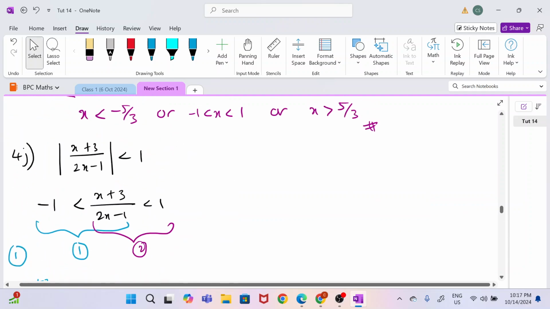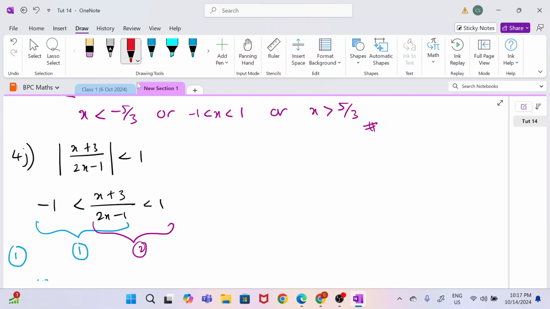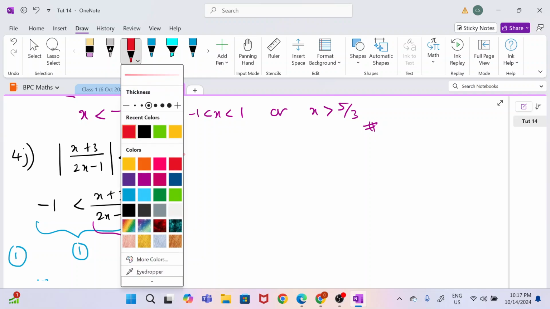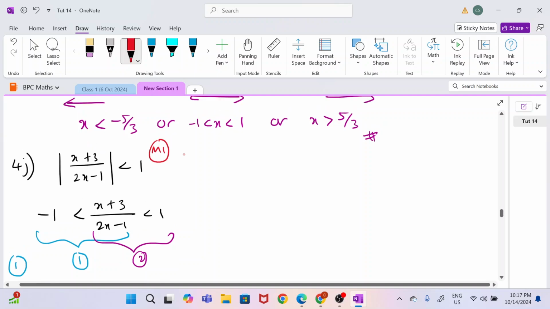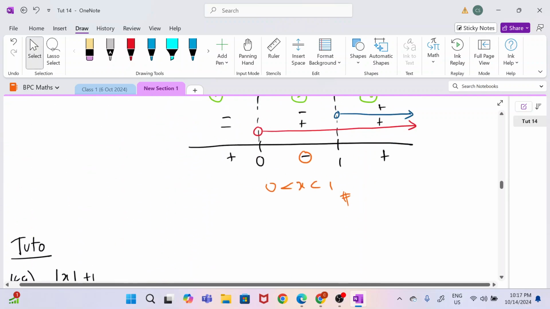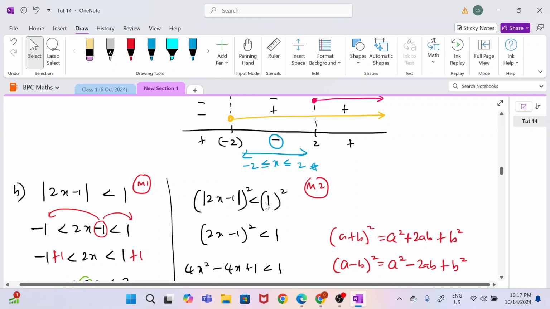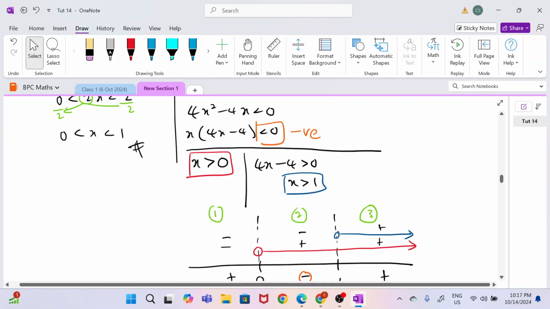Before I go for greater than, I would like to teach you another method which is much easier. Maybe you can choose which method you want. Just now I taught you 2 methods, isn't it? Method 1, method 2. Method 2, what I did, I square both sides and I'll end up here.